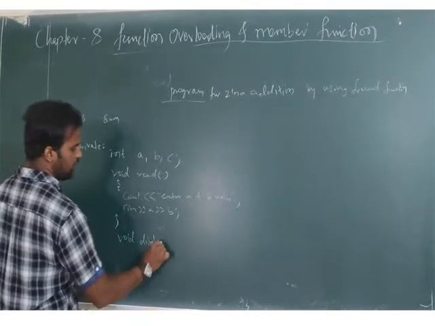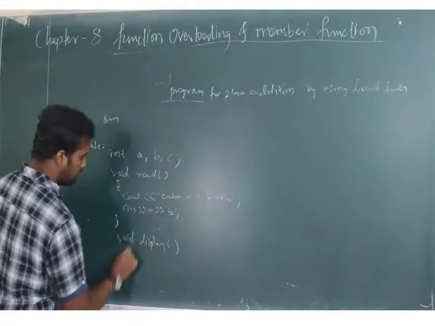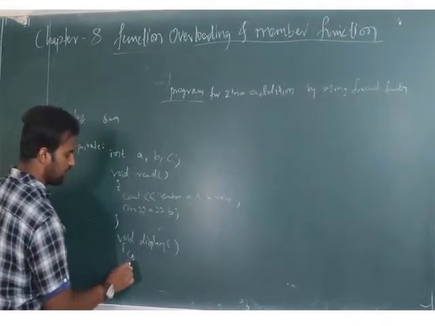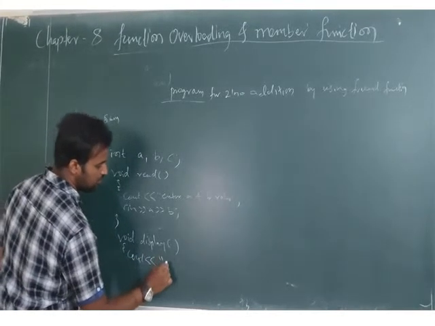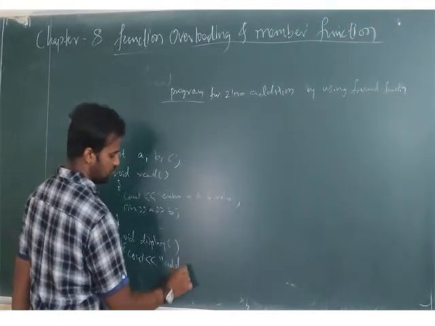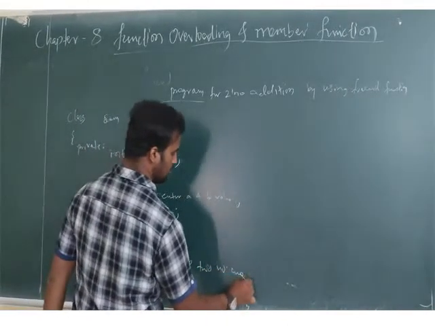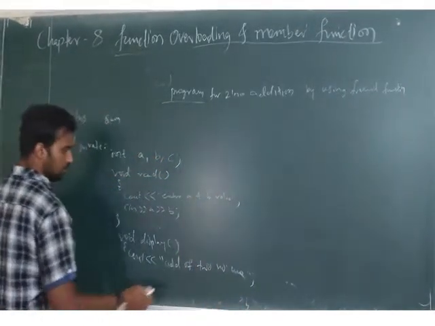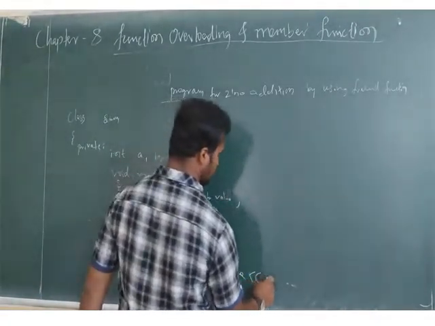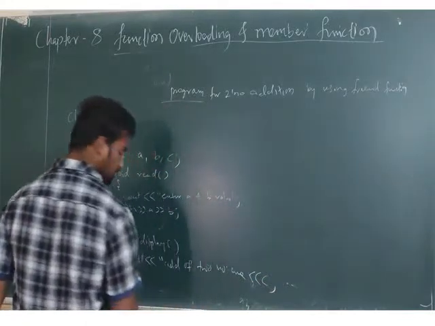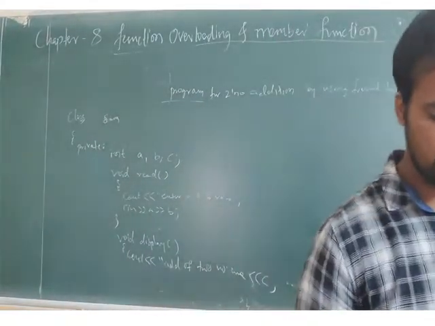Again, this I am also writing in private only, not in public, because friend can access. cout, addition of two numbers are C.